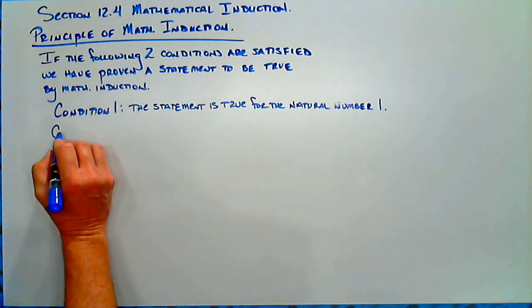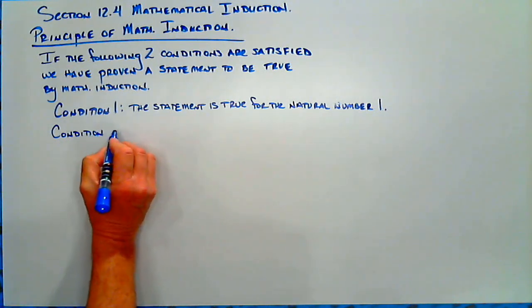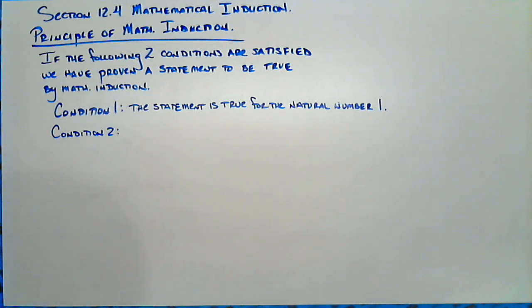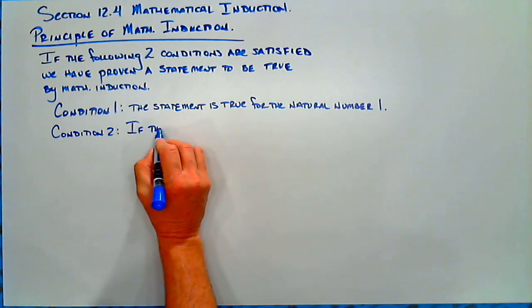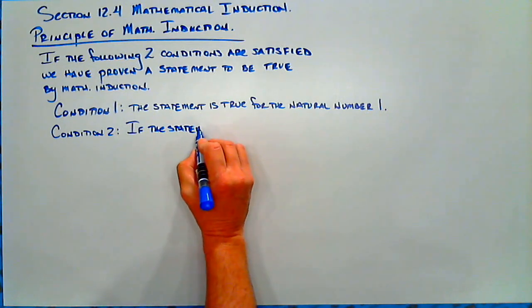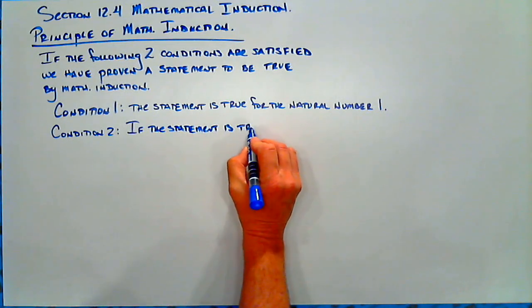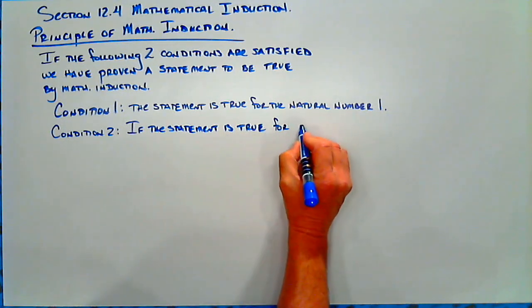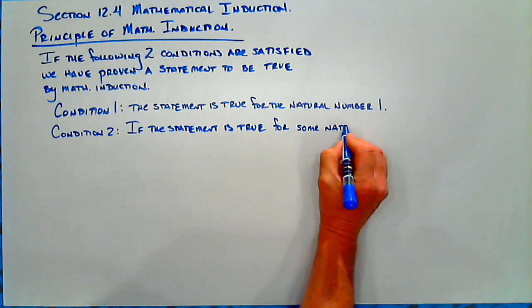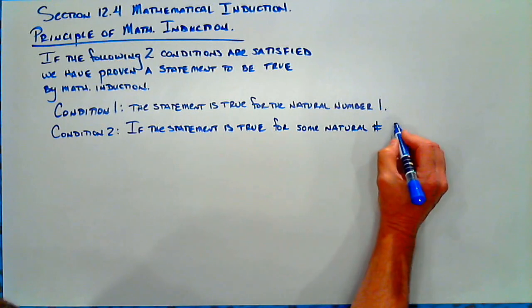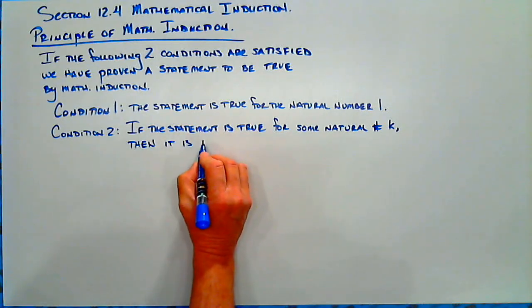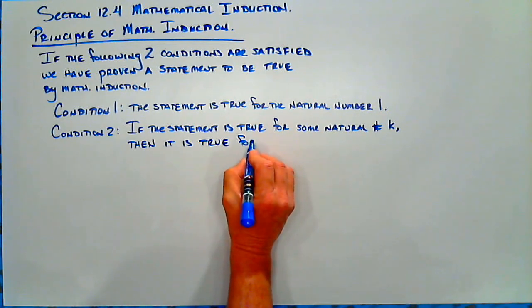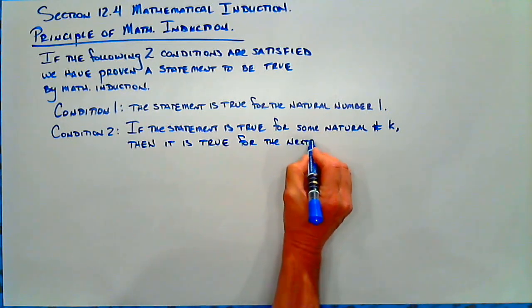And then condition 2 says if the statement is true for some natural number k, it is also true for the next natural number.